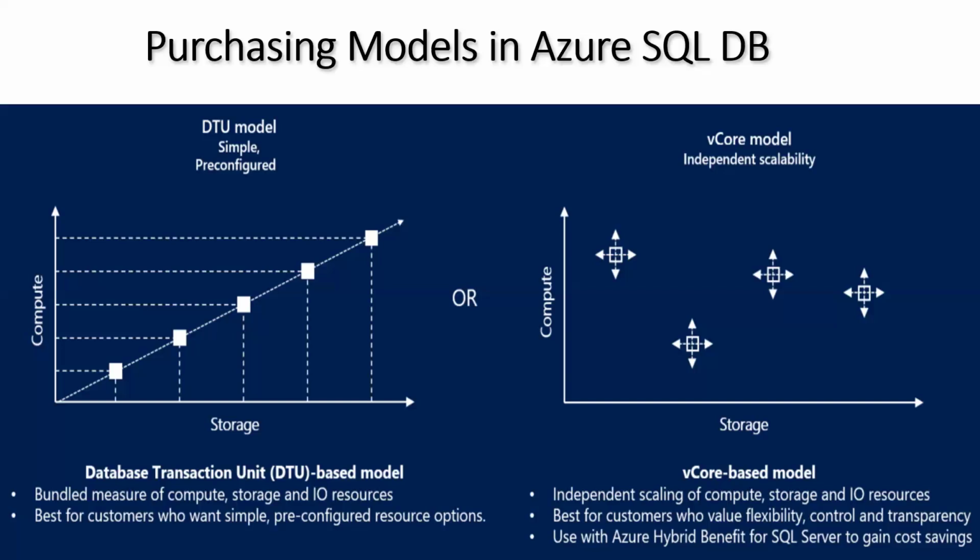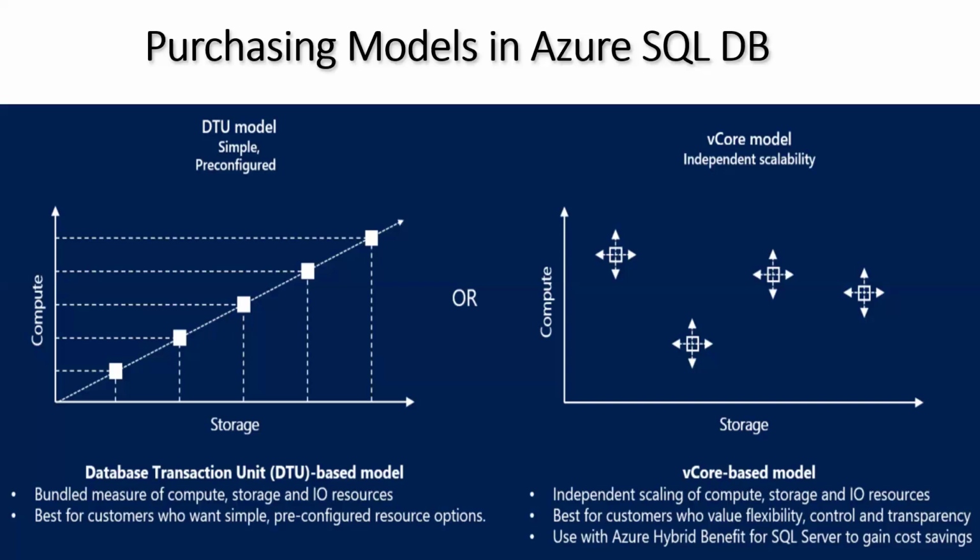And the vCore model is where we have independent scalability of CPU, compute, and IO resources. We can individually select the vCore, IOPS, and storage, which is best for those who want flexibility, control, and transparency over the database, and it has the Azure Hybrid Benefit also. So this is the difference between the DTU and vCore model.